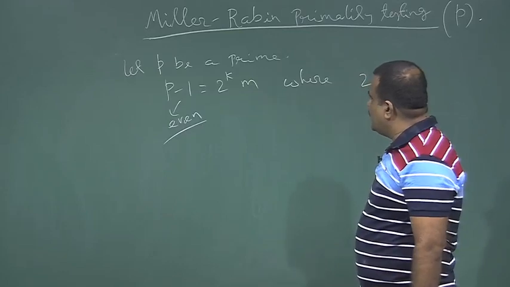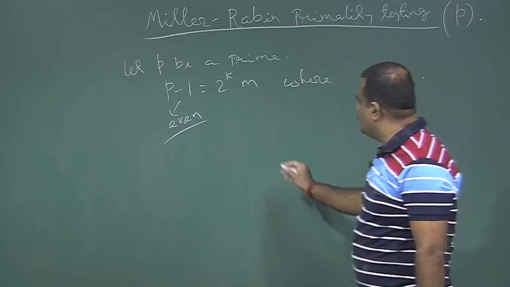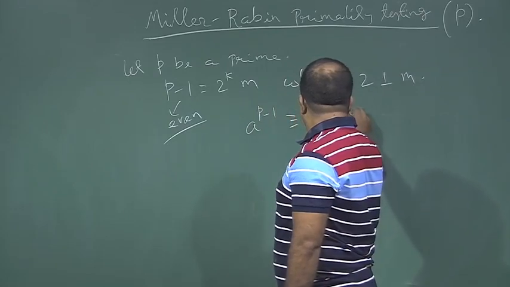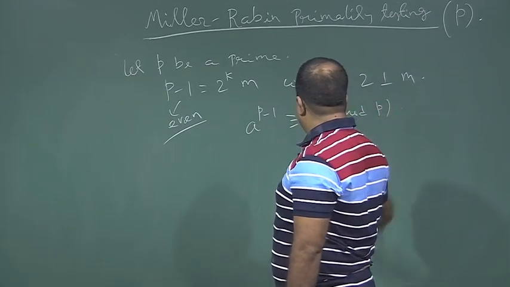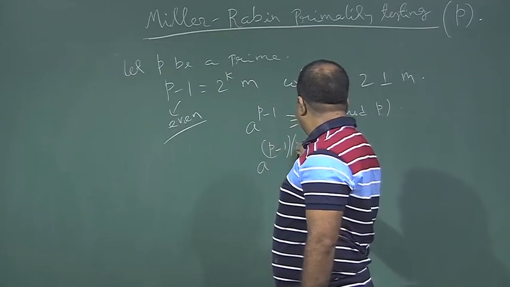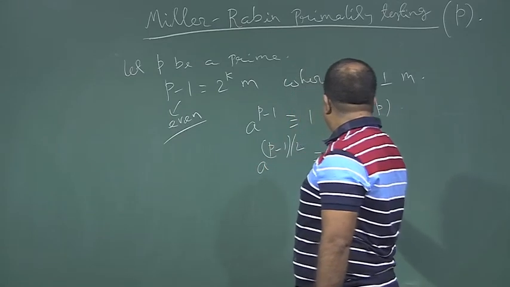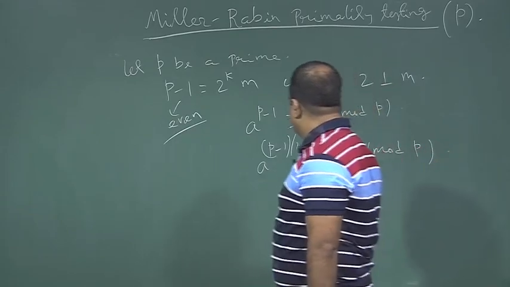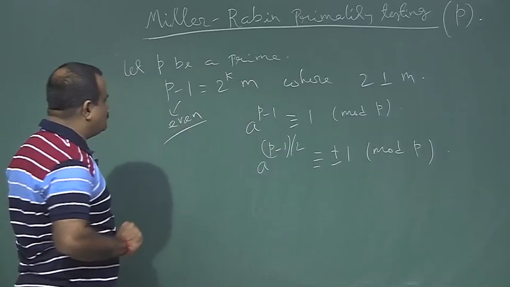Now, by Fermat's theorem, we know a to the power p minus 1 is congruent to 1 mod p. So, that means a to the power p minus 1 by 2 is a square root of 1, that is plus or minus 1. Now, what is a to the power p minus 1 by 2?